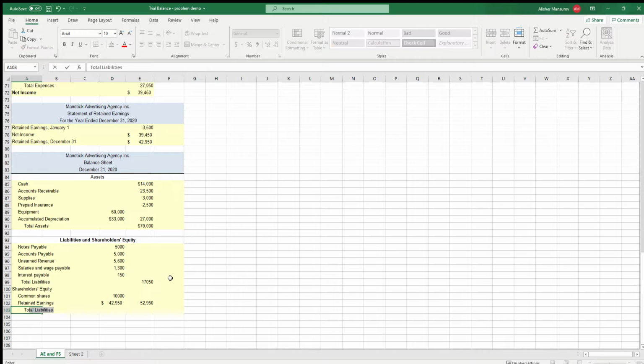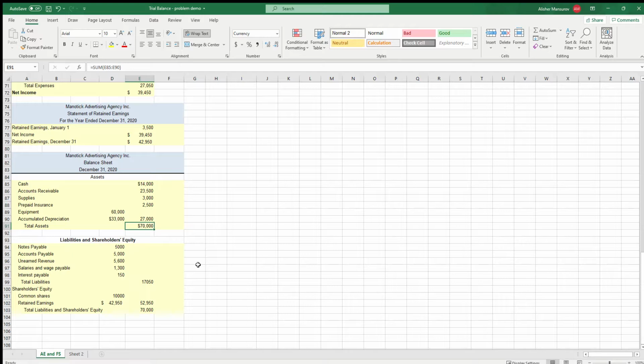Finally, we can do total liabilities and shareholders' equity. So for total liabilities and shareholders' equity, we have $17,050 plus $52,950. And that is $70,000, which is equal to the total assets we have here.